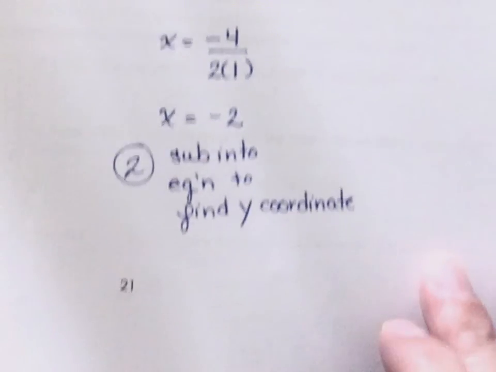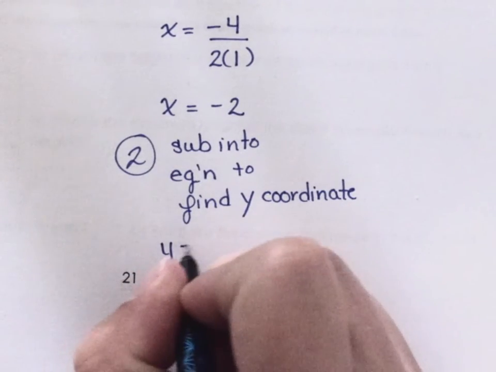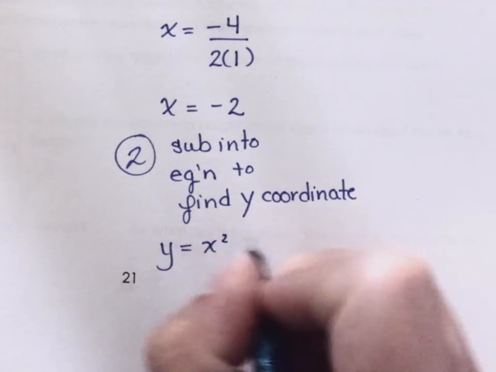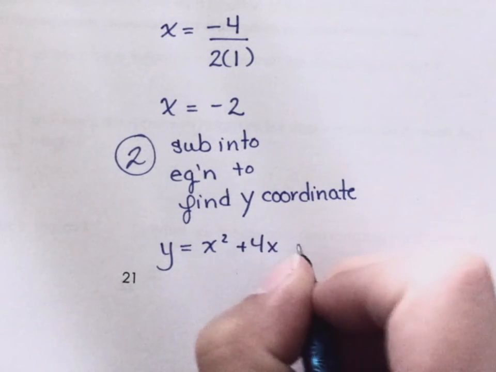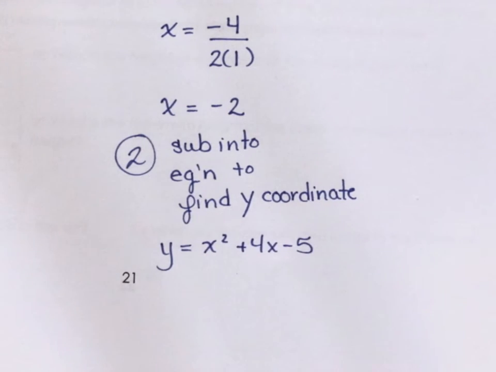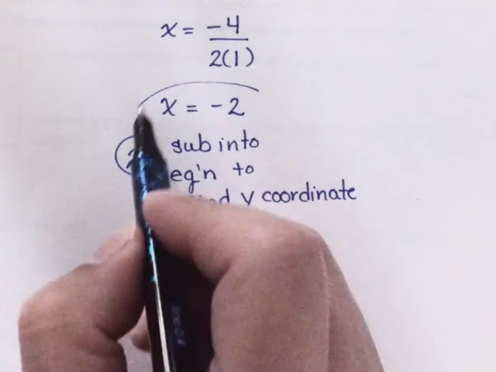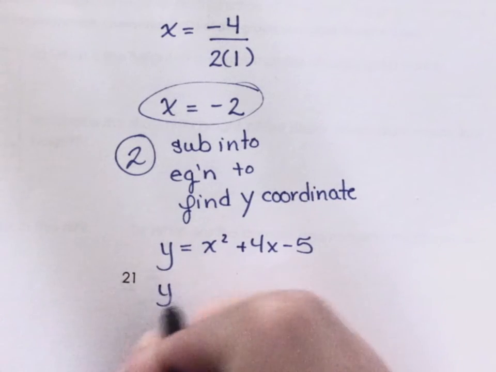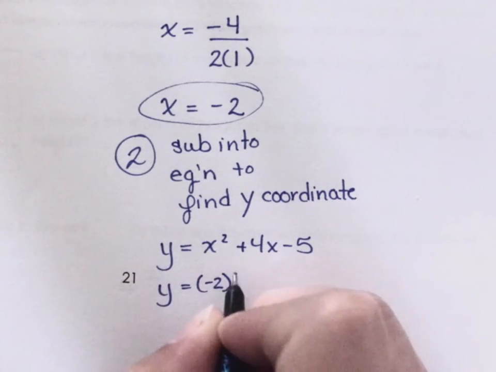So I'm going to have, my equation was y equals x squared plus 4x minus 5. What do we know x is? Negative 2. So everywhere we see an x, we're going to put in a negative 2.